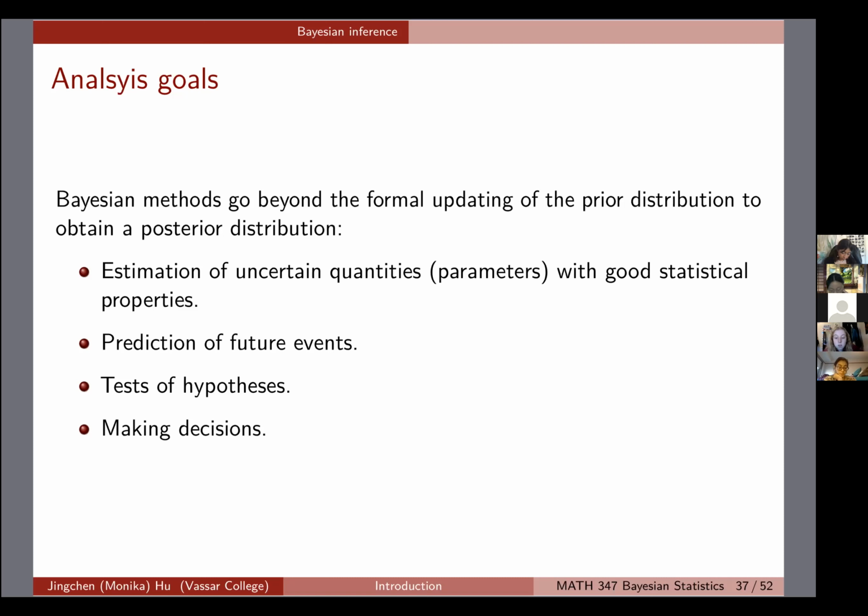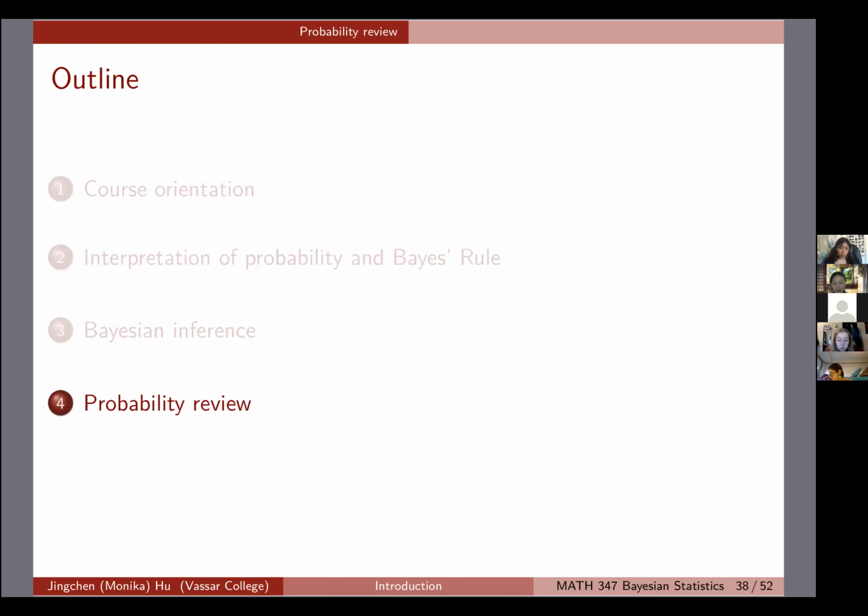You can also test hypotheses, like what we saw earlier. P-value and hypothesis test from the frequentist point of view is the counterintuitive conditional probability. But for us, from the Bayesian point of view, we're trying to make it more intuitive in the sense that we are talking about posterior probability of a hypothesis given the data. And lastly, of course, you're able to make various decisions based on the things we know.